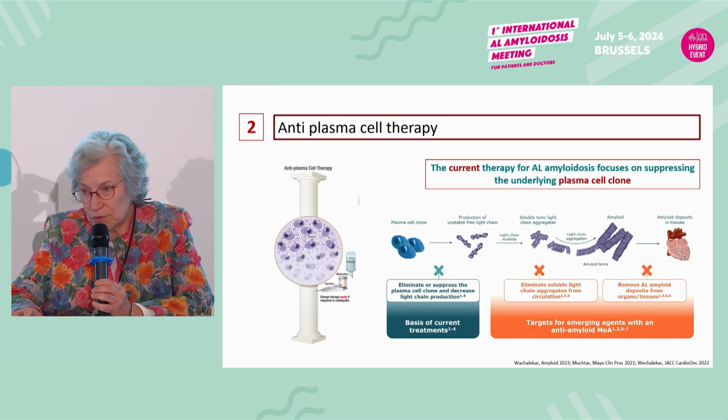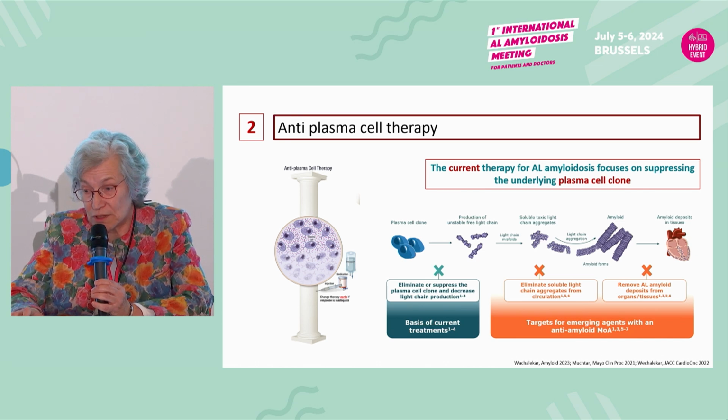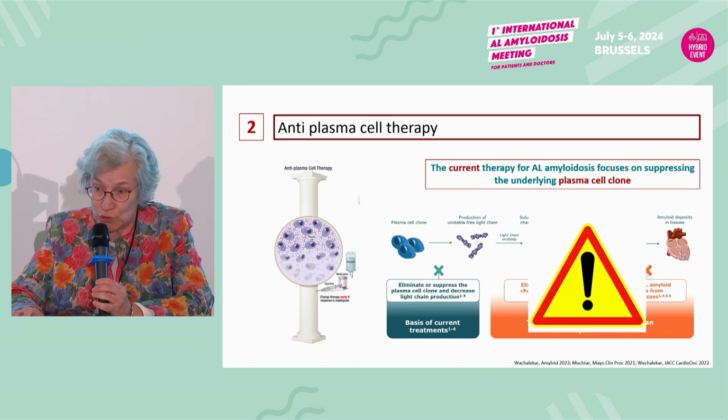So at the moment, the only current therapy for AL amyloidosis focuses on the suppression of the light chain produced by the plasma cell clone. So that means that we cannot have treatment that targets the aggregates inside the bloodstream or removes the deposits in organs and tissue.